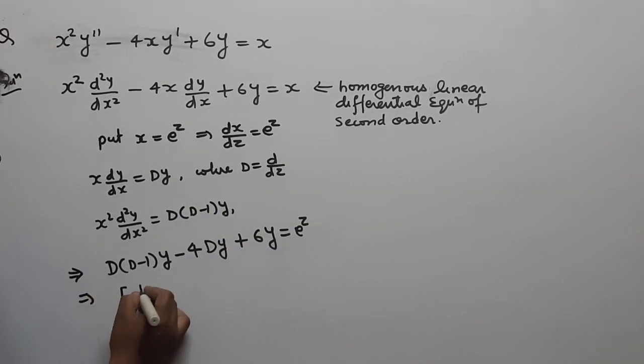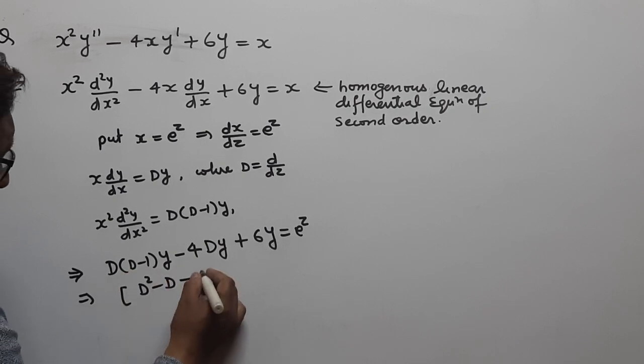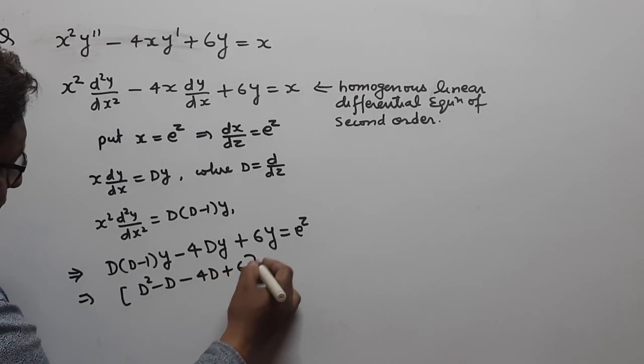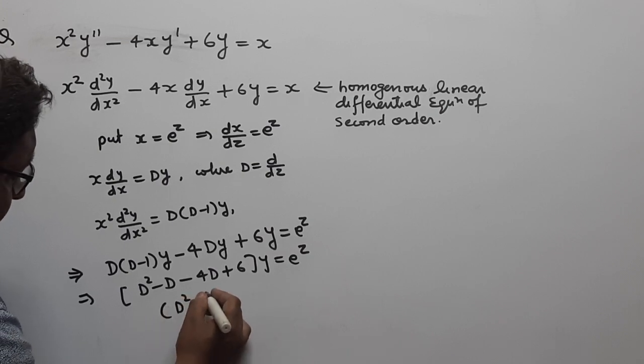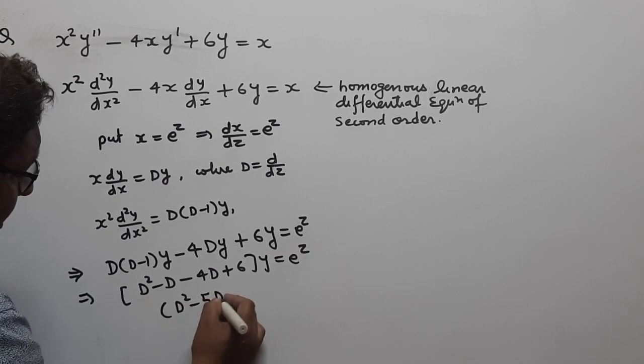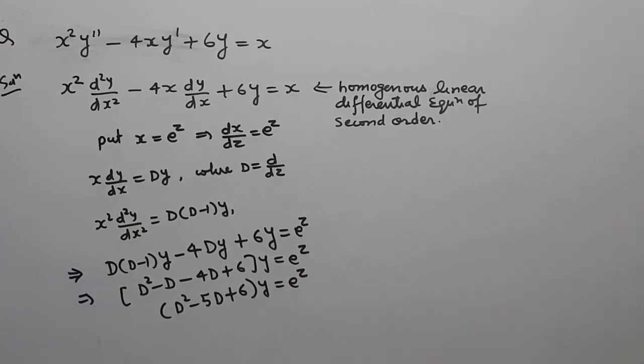Now taking common, this can be written as (D square minus D minus 4D plus 6) y is equal to e to the power z. So this can be written as (D square minus 5D plus 6) y is equal to e to the power z.